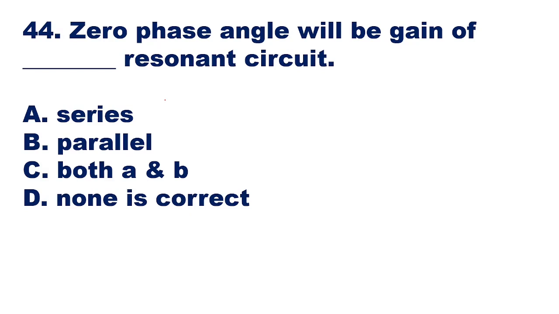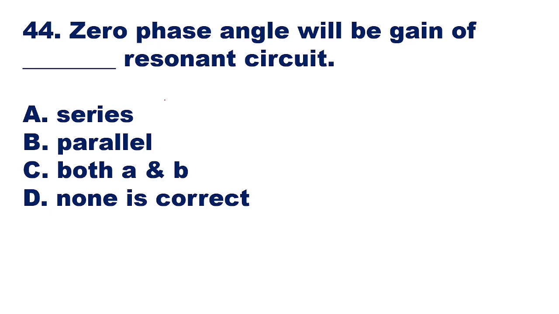Zero phase angle will be gained by which resonance circuit. So if we see a series resonance circuit or parallel resonance circuit, at resonance, the voltage and current are in phase. There is no phase angle between the voltage and current vectors.